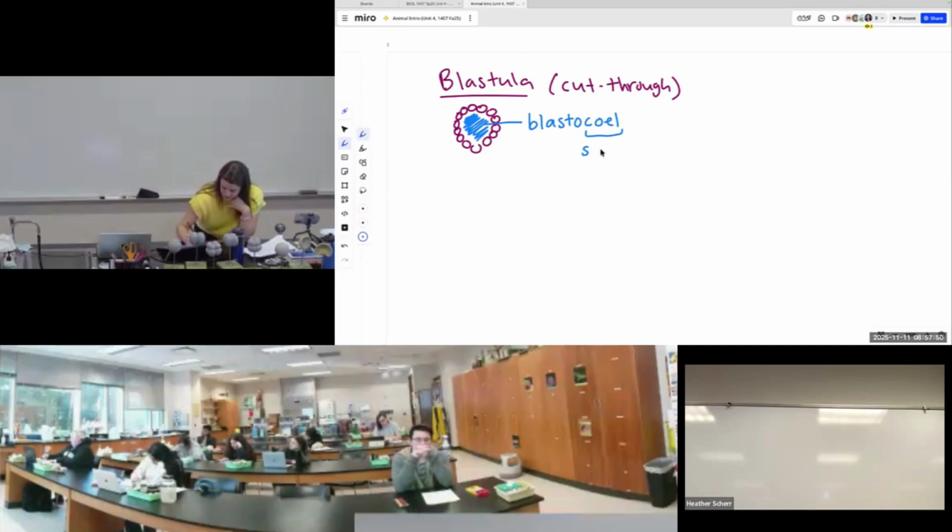You pronounce this like seal, blastocoel. Coel is referring to a cavity, like an empty space, a fluid-filled empty space inside something. So the blastocoel is the fluid-filled empty space inside the ball of cells that is the blastula.